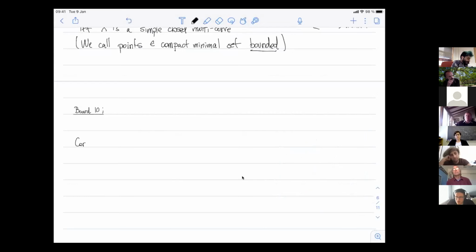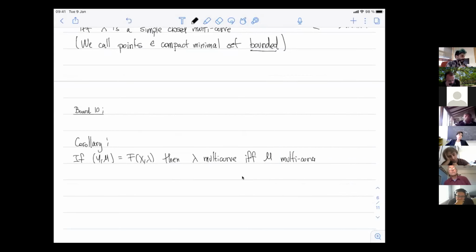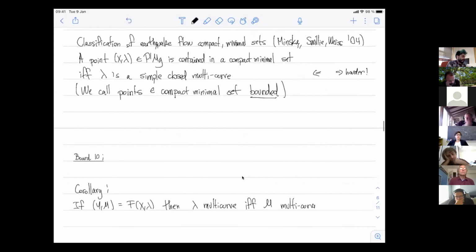I claim that already from the statement above, this classification, we have the following corollary: if y, mu is equal to f of x, lambda, then lambda is a multicurve if and only if mu is a multicurve.